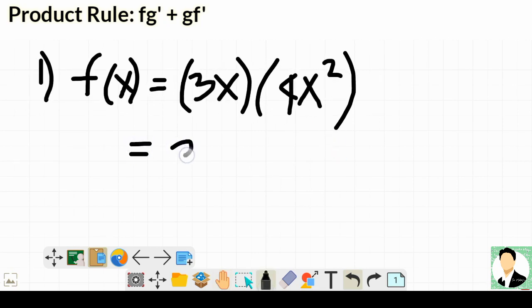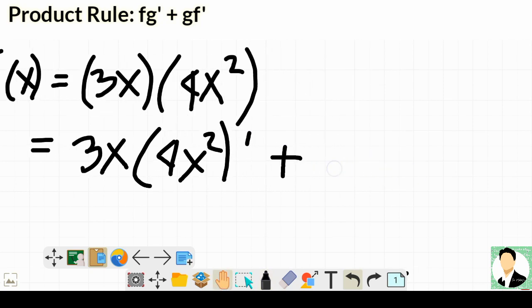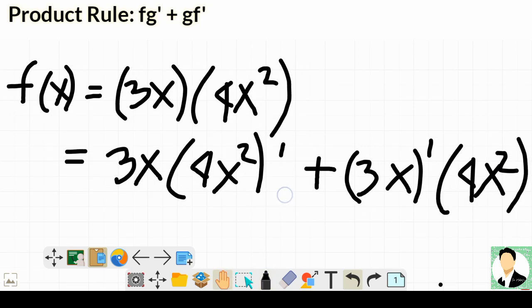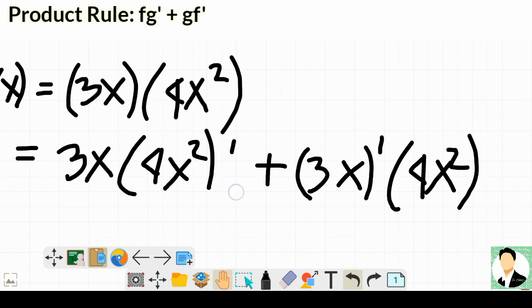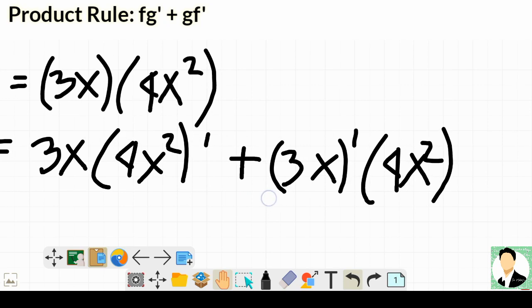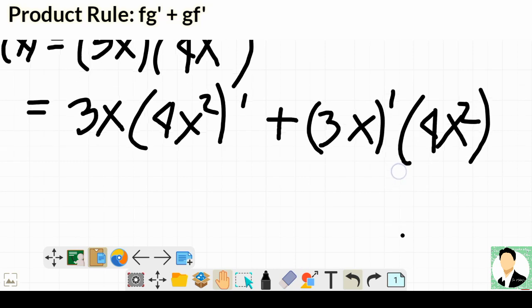So 3x and then derivative ng 4x squared and then plus ang derivative naman ng 3x and then 4x squared. So ang f po natin dito is yung 3x and ang g po natin dito is yung 4x squared. So ang ginawa natin, 3x first derivative ng 4x squared plus yung derivative ng 3x times 4x squared.